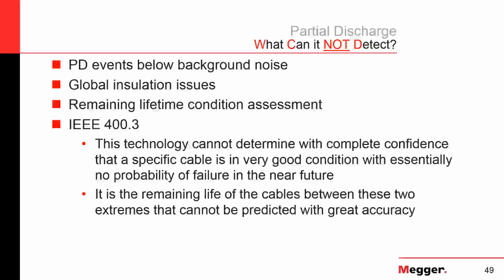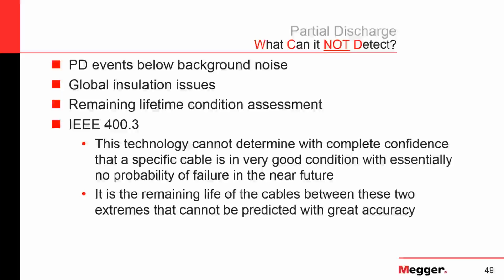It's difficult to give a remaining lifetime assessment with partial discharge. There's certain red flags that we can say, but it's very difficult to say this cable is going to be good for the next year or 6 months or something. It's more of a threshold, this cable is in good shape or this cable is in bad shape. So IEEE says this technology cannot determine with complete confidence that a specific cable is in very good condition with essentially no probability of failure.